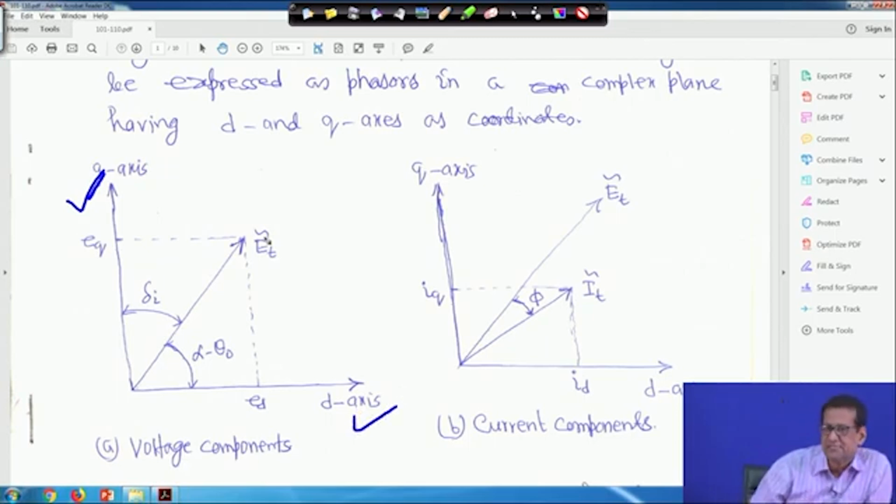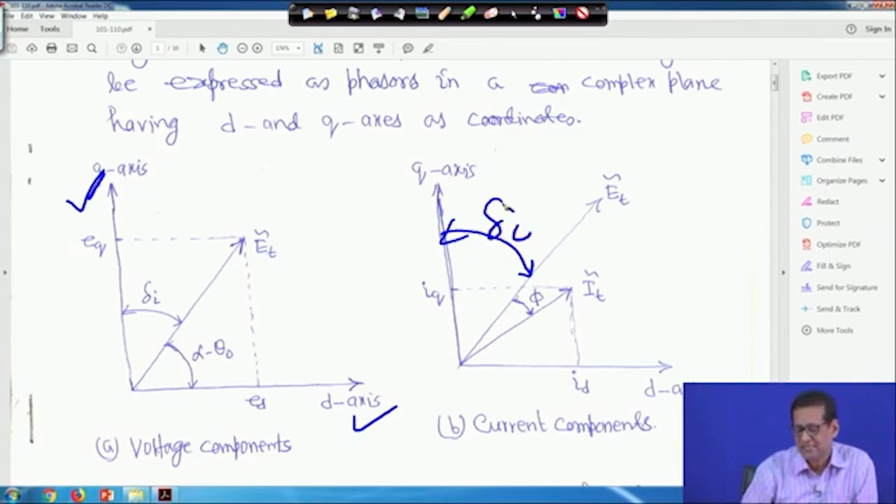So, Et tilde is the phasor quantity, and this angle is delta i, and this angle is alpha minus theta 0, because ED is equal to ET cosine alpha minus theta 0 and EQ is equal to ET sine alpha minus theta 0, and this angle is delta i. Similarly, this is ET tilde, right, and IT is the current. Therefore, IT is lagging from ET tilde by an angle phi, right.